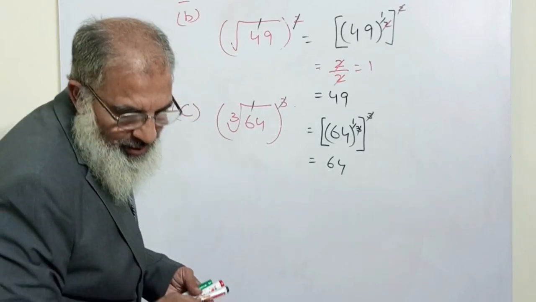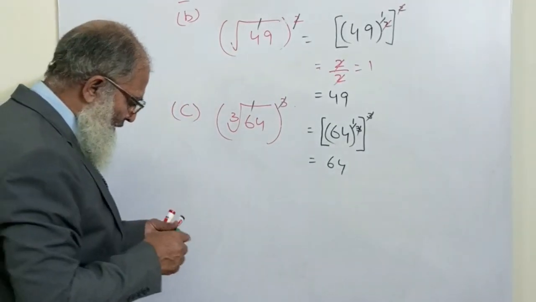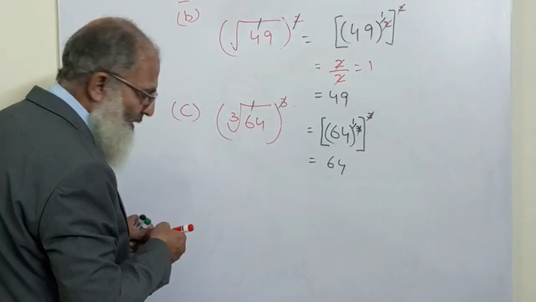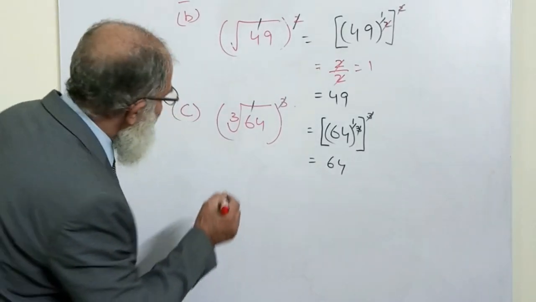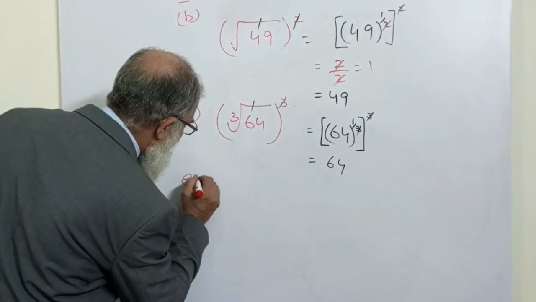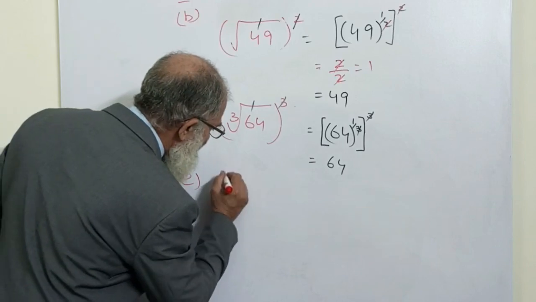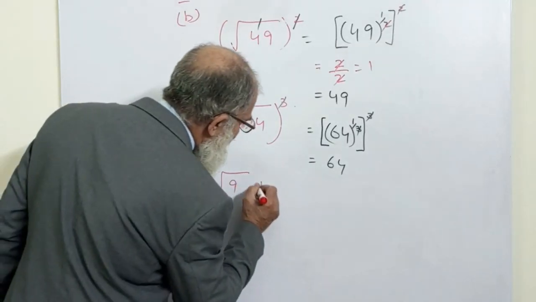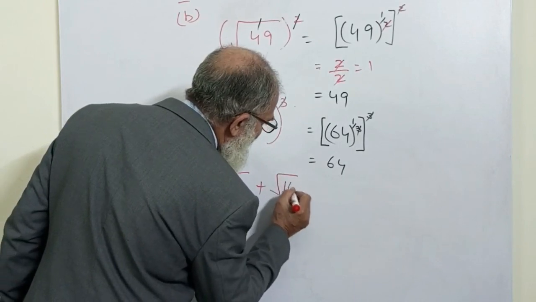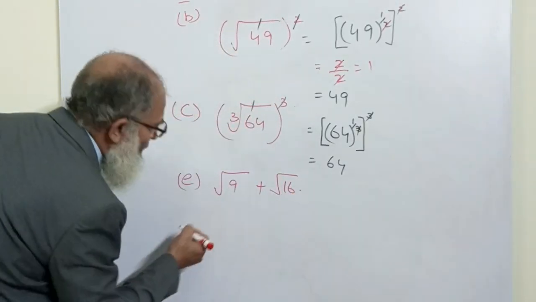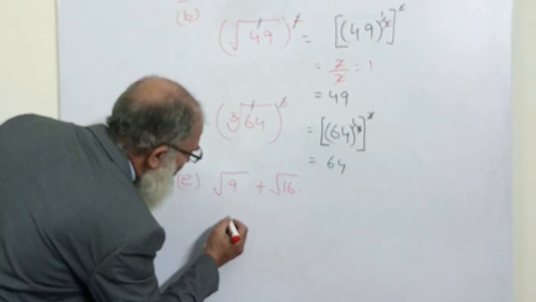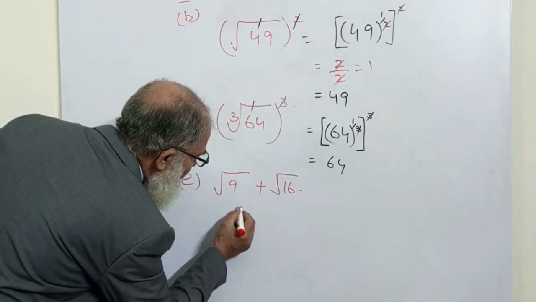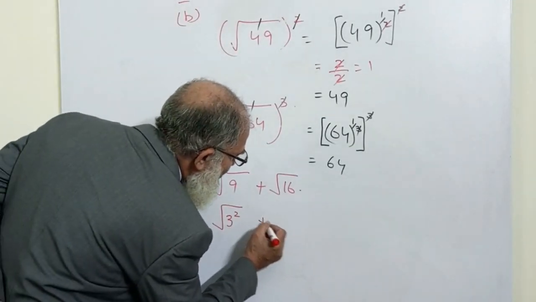Now there are interesting questions coming ahead, and that is E. Root 9 plus root 16. So what we do is, here we just do it like this.